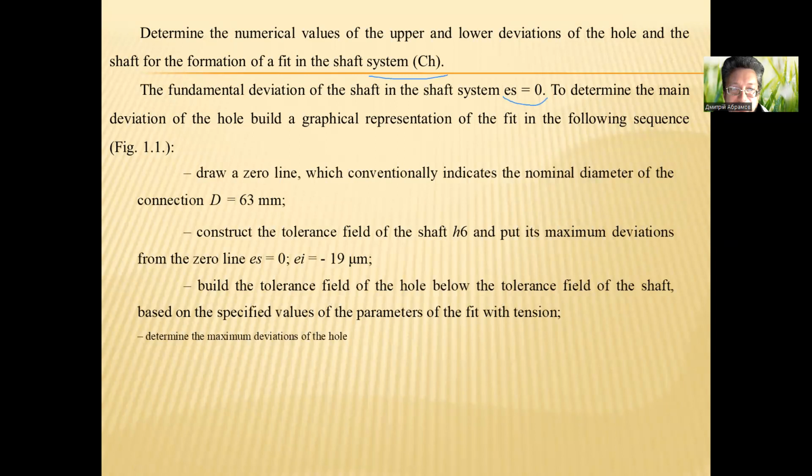Draw a zero line which conventionally indicates the nominal diameter of the connection. The nominal diameter of the connection is equal to 63 millimeters. Construct the tolerance field of the shaft h6 and put its maximum deviations from the zero line: small es is equal to 0, small ei is equal to minus 19 micrometers.